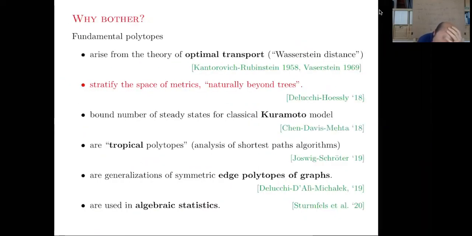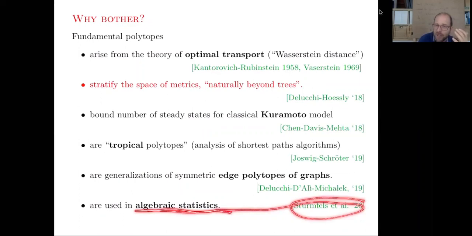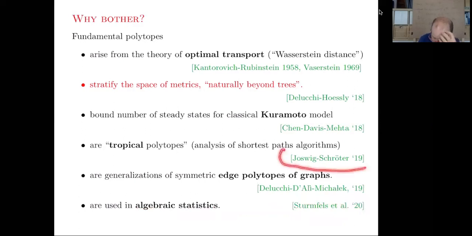There is a recent paper by Sturmfels, Venturello, and so on. It really tells you that it is interesting for algebraic statistics, but doesn't really answer the question. And here is just the context of tropical geometry.